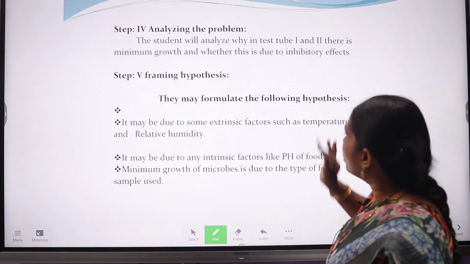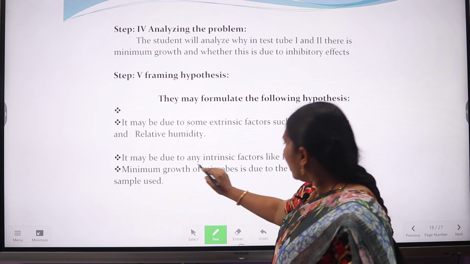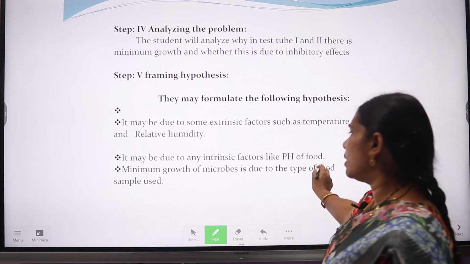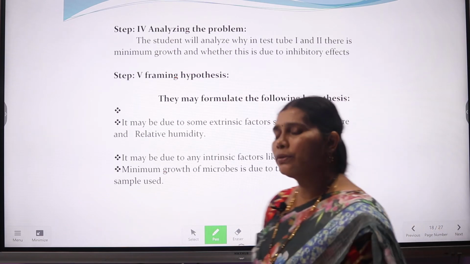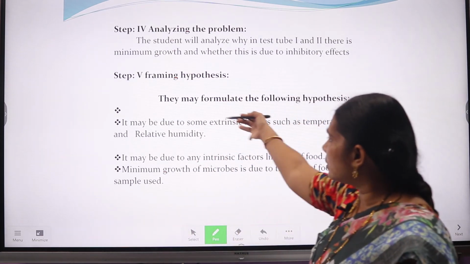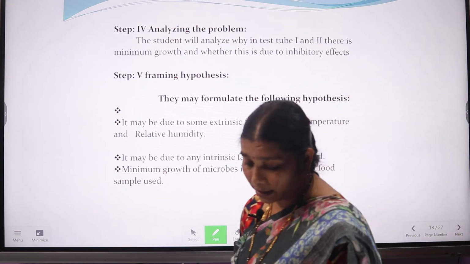The minimal growth might be due to intrinsic factors like the pH of the food, or the type of food sample used. So these are the 3 tentative hypotheses which they have formulated.